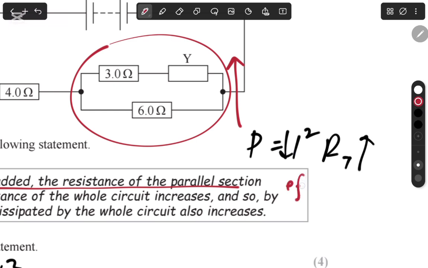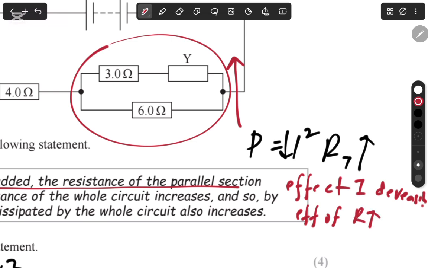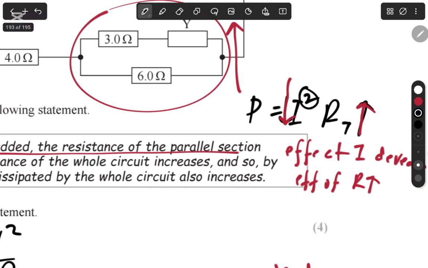So the effect of current decreasing is going to be greater than the effect of resistance increasing. I will repeat: the effect of current decreasing is greater than the effect of resistance increasing. So the decrease effect is more and the increase effect is less when we compare both of them. The reason is because I is squared. That is why we can say the power goes down.